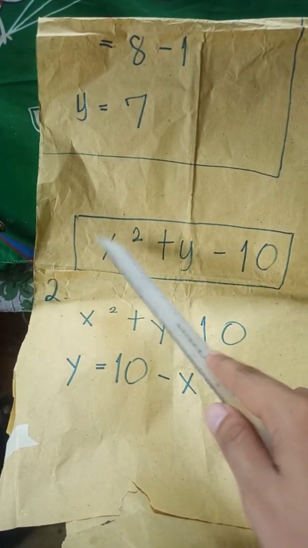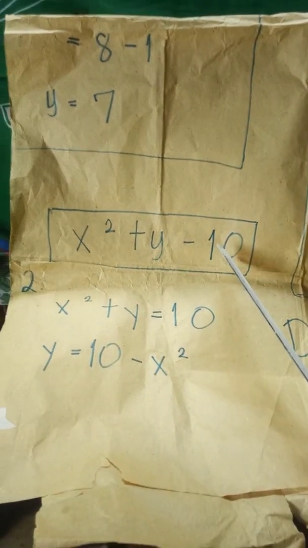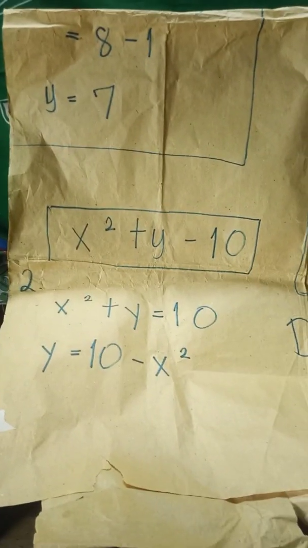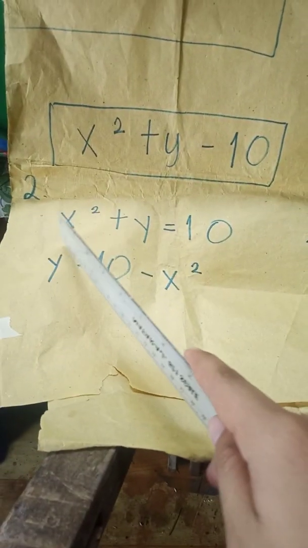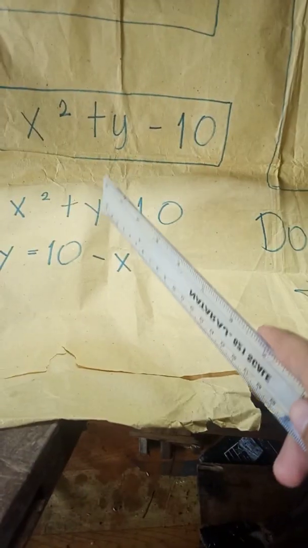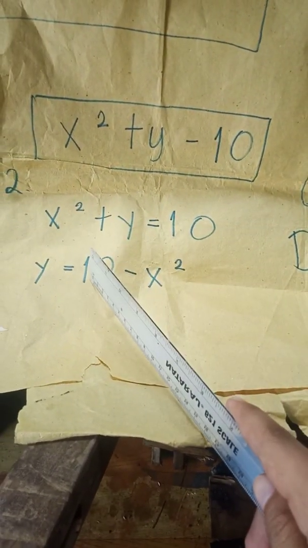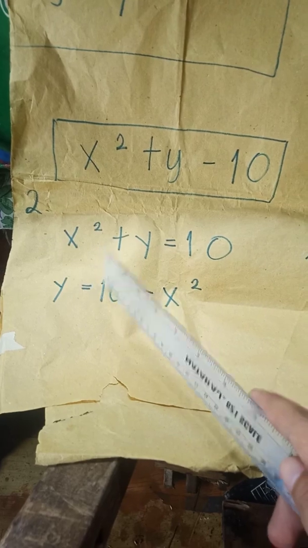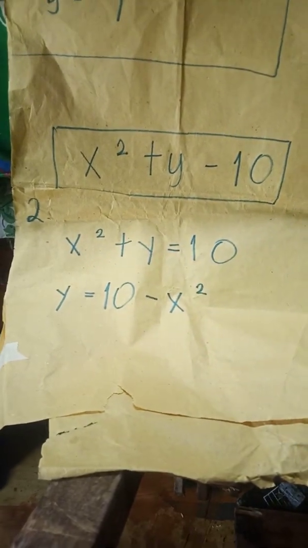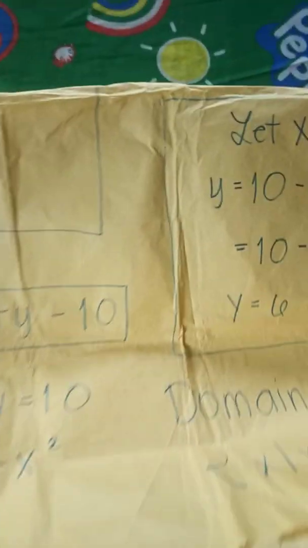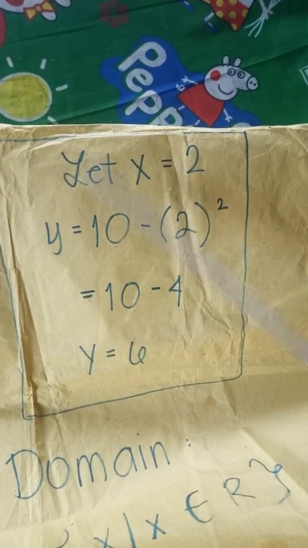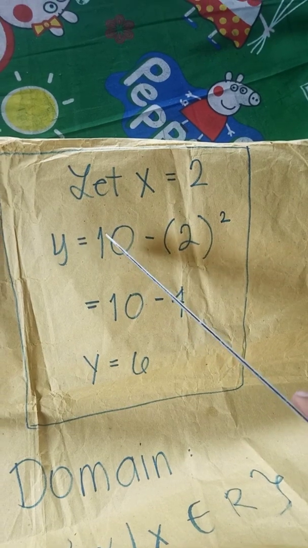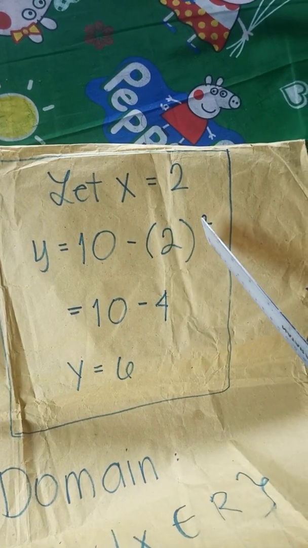So x squared plus y equals 10. The process is just the same as our previous example. The x squared is transferred to the right side after the positive 10. So let x equals 2, and y equals 10 minus 2 squared.